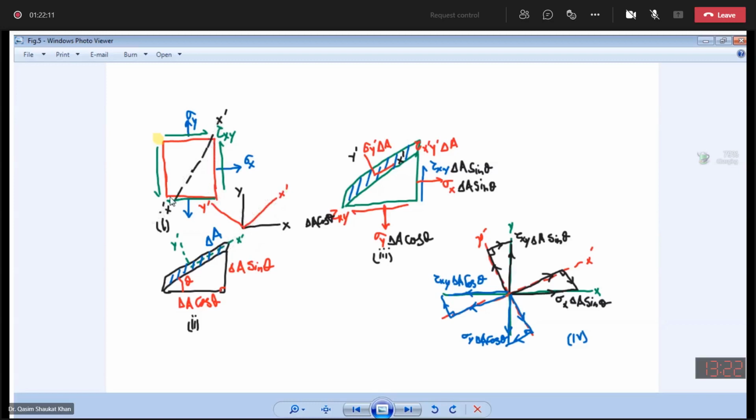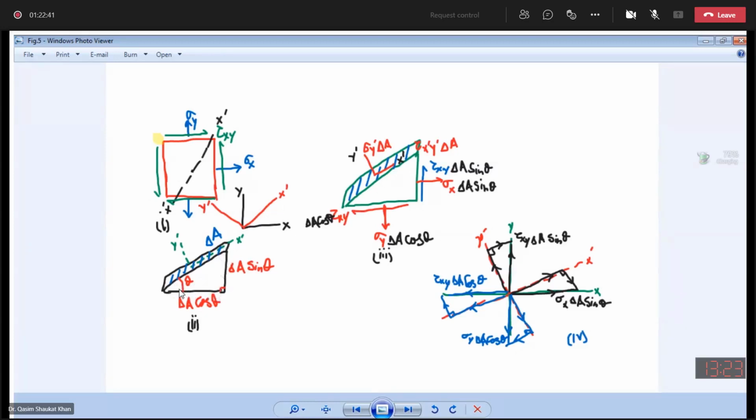So I will get this figure. So this is my figure number 2. This is your face delta A, this is your x dash axis, y dash axis. So the area components about x and y axis will be delta A sin theta and delta A cos theta, because this is your base and this is your perpendicular.